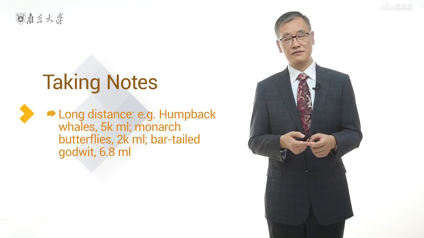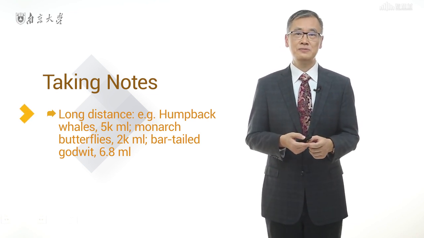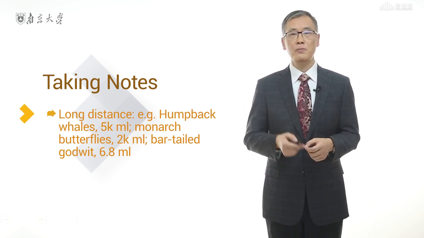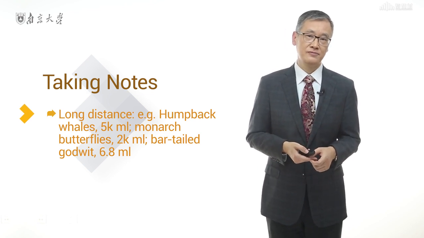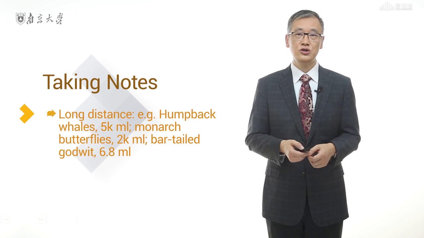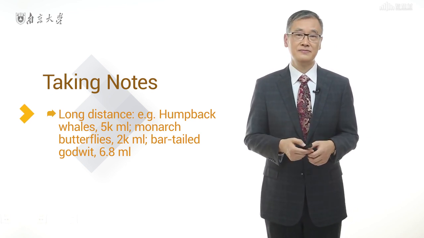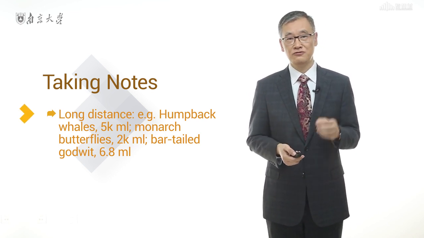In the following part of the text, the author gives examples of animal species that either travel long distances or make great efforts during their migration. For these notes, you can use 5K instead of 5,000 and use the abbreviated form ML for mile.